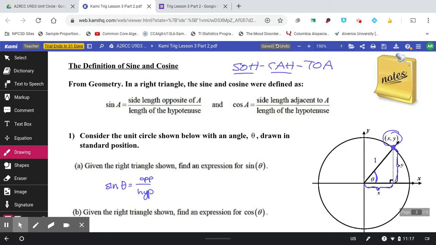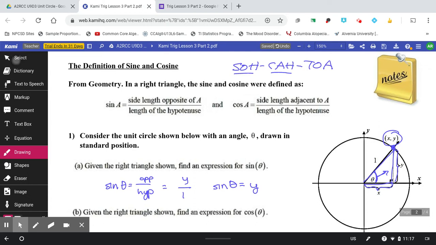In the unit circle, the hypotenuse of that right triangle is always 1, so this is going to be over 1. The sine is the opposite side, which ends up being the y value. So the sine of theta is always just whatever the y coordinate is of that point on the circle.